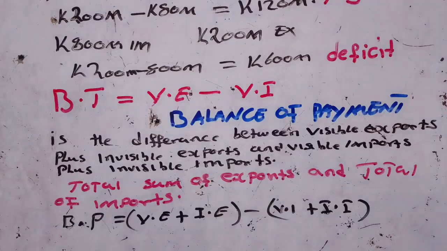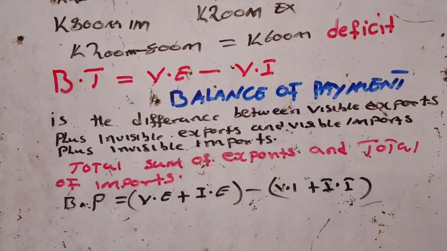So if the total sum of the exports exceeds the total sum of imports, a country is said to have a favorable balance of payment.